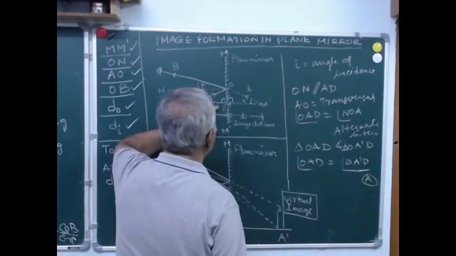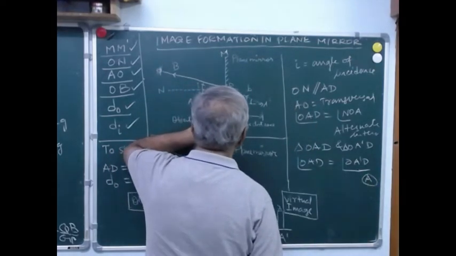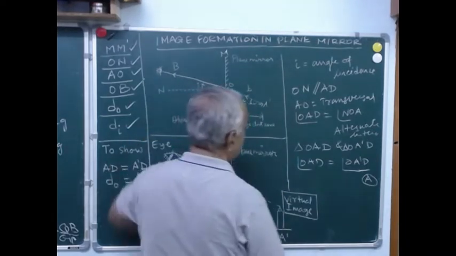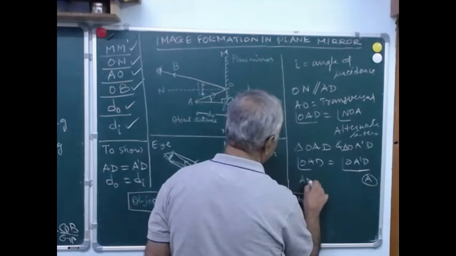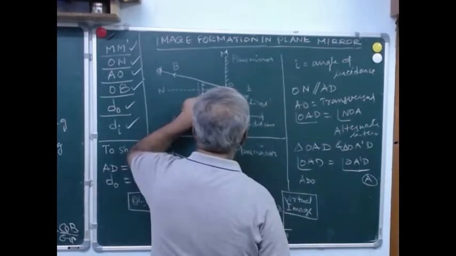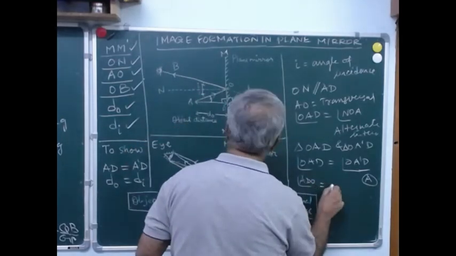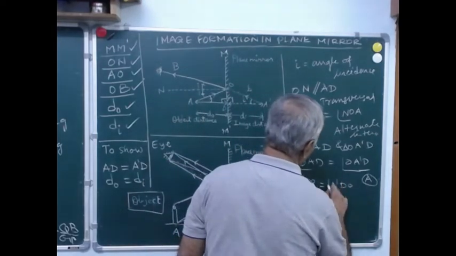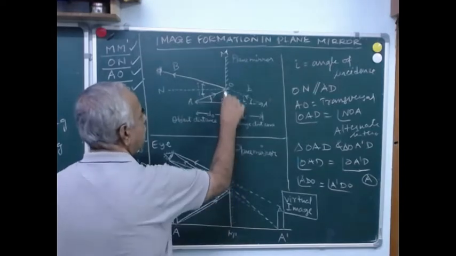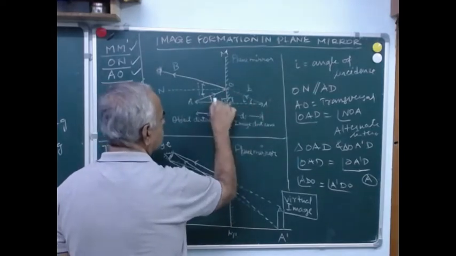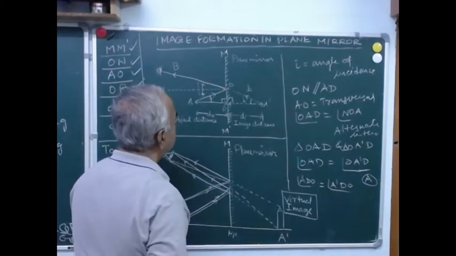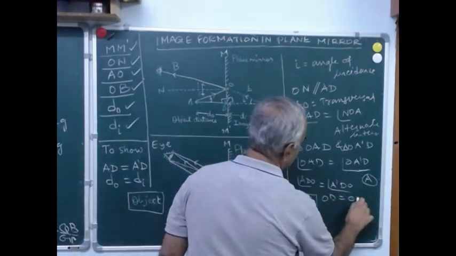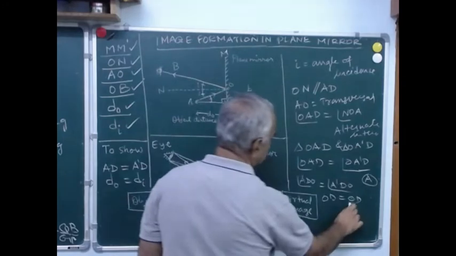And you have 90 degrees on both sides, because both are right angles: angle ADO is equal to angle A dash DO. And both these triangles have the common side, that is OD. So OD is equal to OD, that is common.